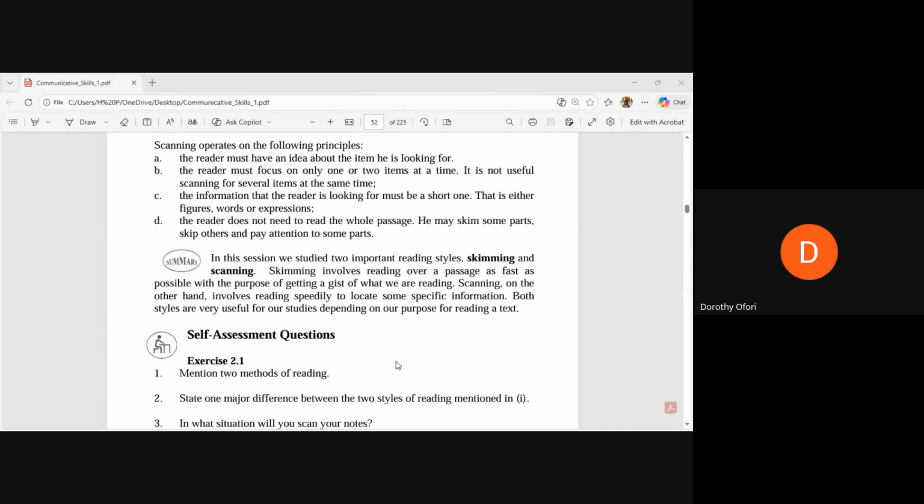So you remember before we started the whole class, I told you today that it is important to know the type of text you are reading and the kind of information you want. That will determine the appropriate reading style for you. Okay, so if you use skimming to read a passage where you have to get detailed information, then you are using it wrongly. You understand?